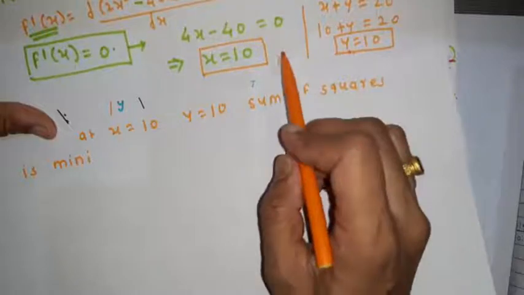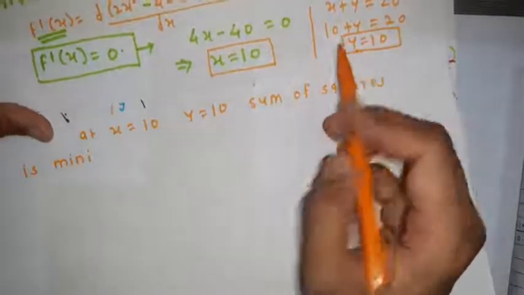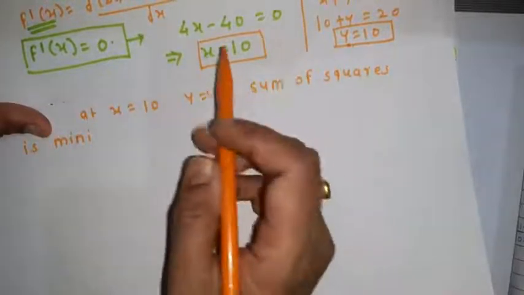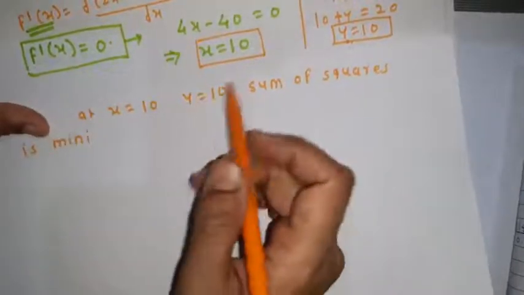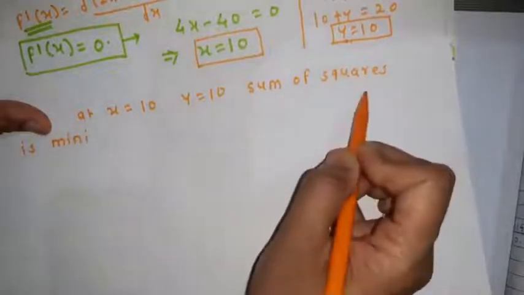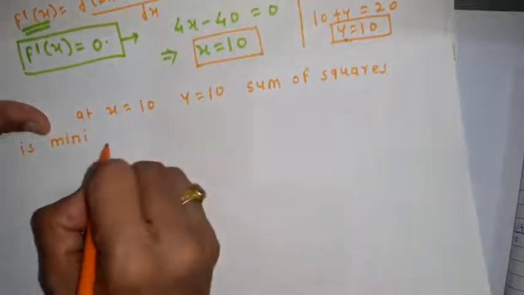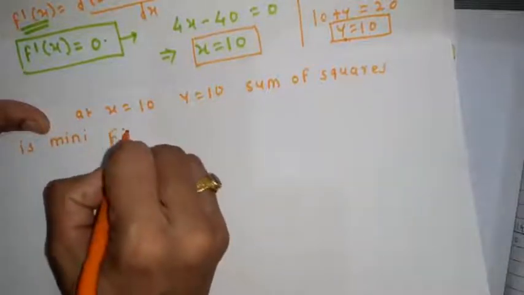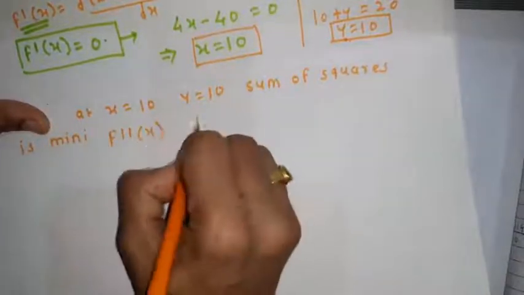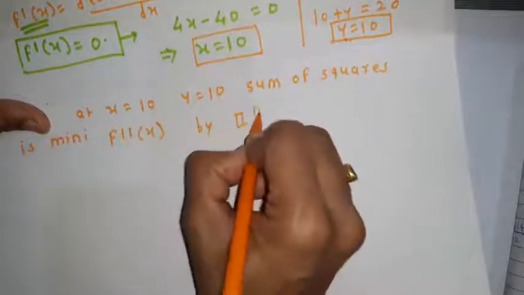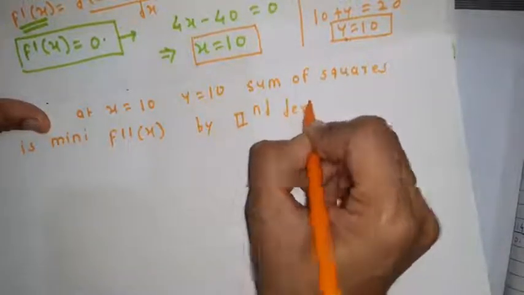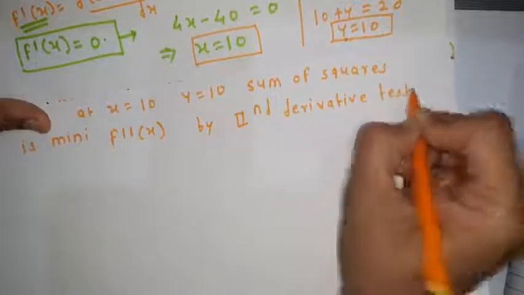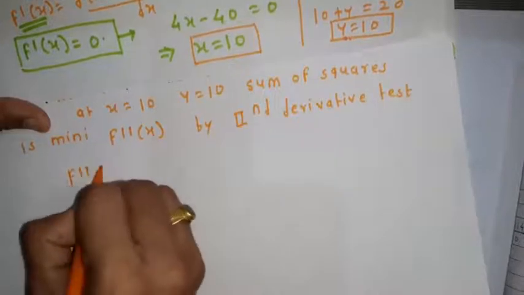In the first derivative test, we get the values, and in the second derivative test, we check whether the condition is satisfied or not, that is, whether the sum of squares is minimum. So find f double dash of x by the second derivative test.